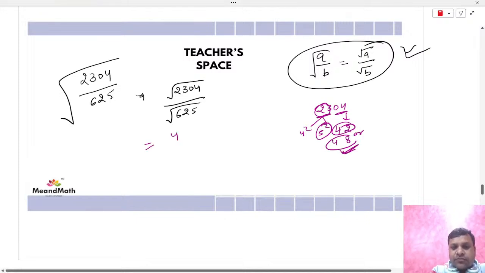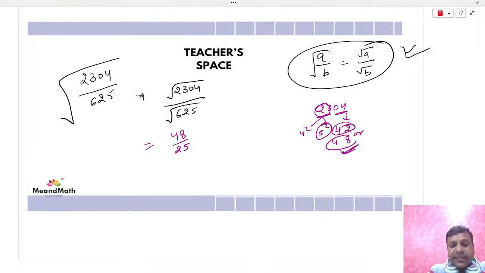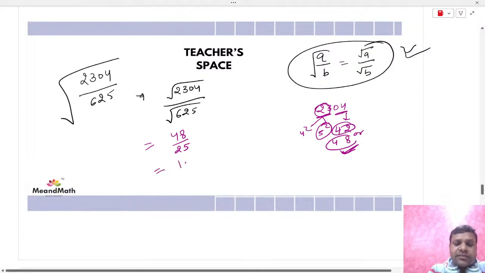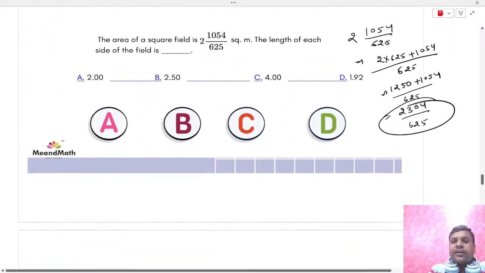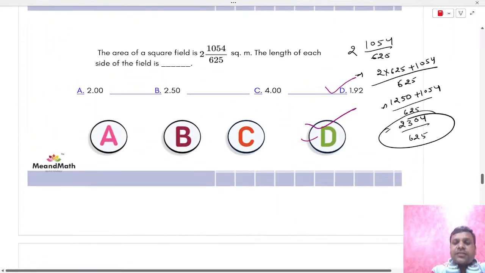The square root is 48 upon 25, but options are given in decimal, so you have to convert it into decimal. If you convert to decimal, it is 1.92. D option is the correct answer.